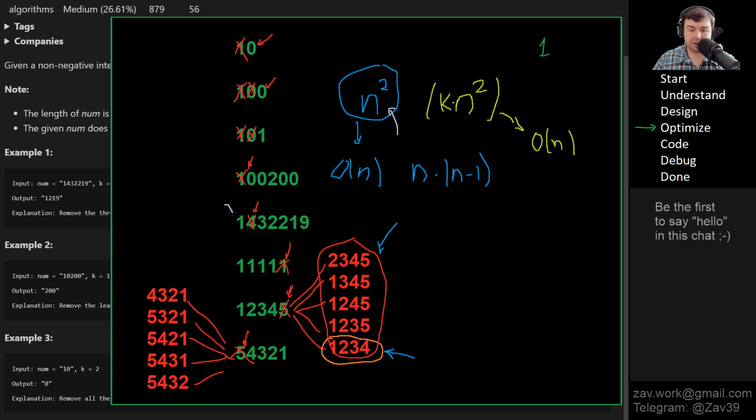I mean, for example, here we have 1, then we have 4. After 4 we have 3. So the number was initially increasing from 1 to 4, but then decreasing from 4 to 3. So when we find this step, when the number is decreasing, we can be sure that the greater one should be removed.